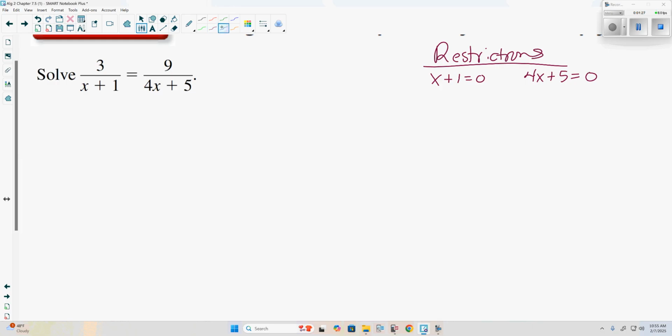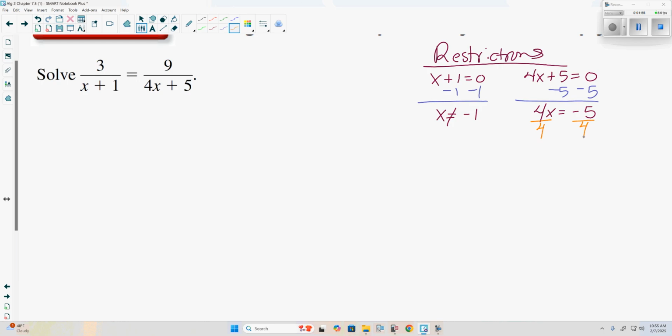So with our x plus 1, the first thing we can do is subtract 1, telling us that if x is negative 1, one of the denominators is 0, and we can throw it out. We don't even have to plug it back in to check it. The other is 4x plus 5. To solve it, we subtract 5 from both sides, telling us 4x is equal to negative 5.